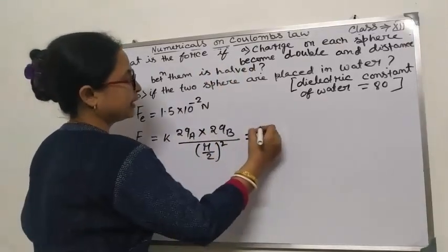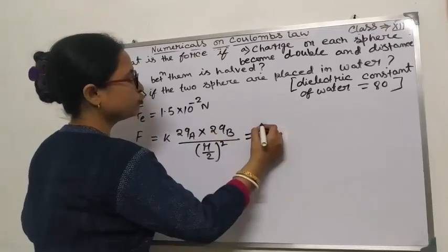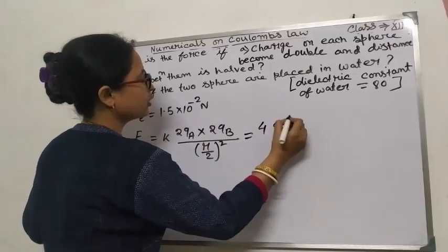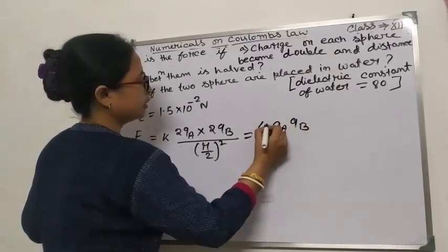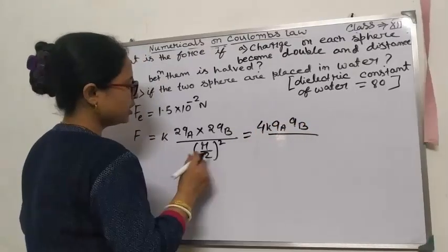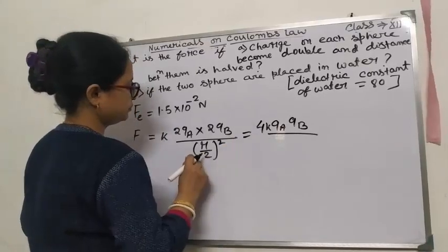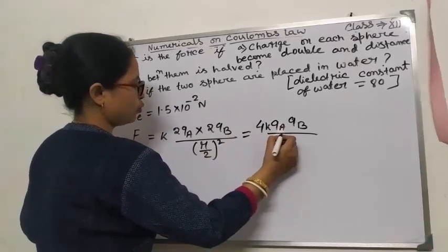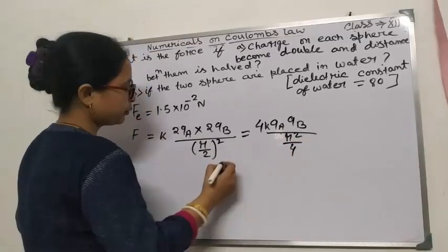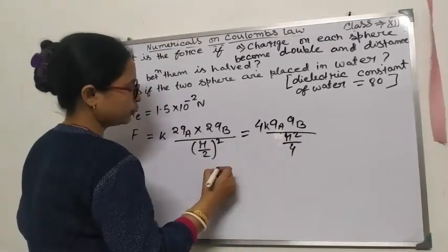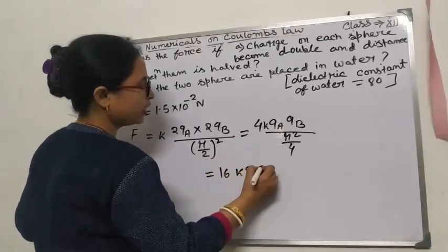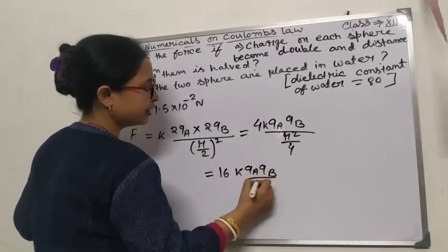So 2 into 2 is 4, 4 K QA QB, divided by, for R square it will be R square divided by 4. Clear now? Then it will be 16 K QA QB divided by R square.